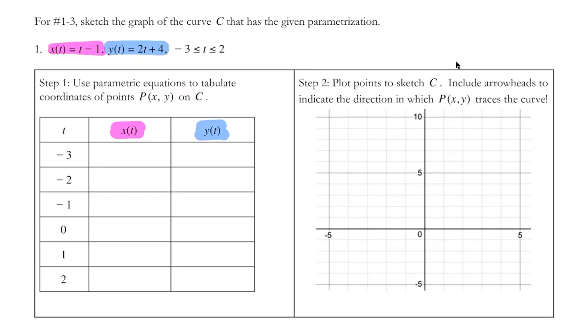Now, if I just saw the pink equation by itself, what shape do you think that would be? If I just had t minus 1 or x minus 1, what shape would that be?